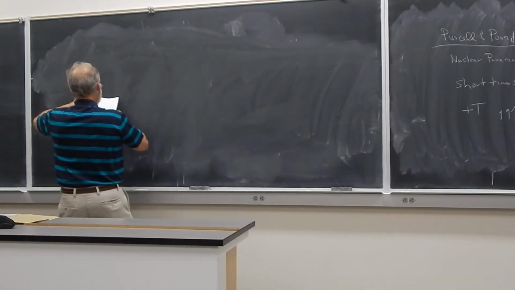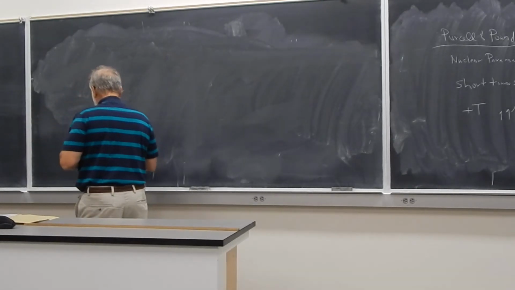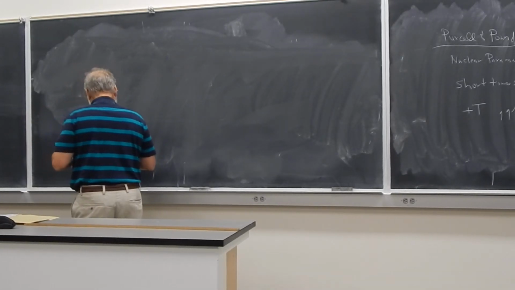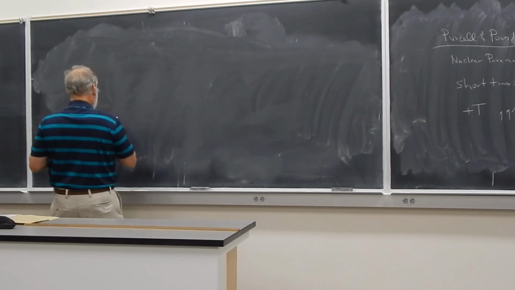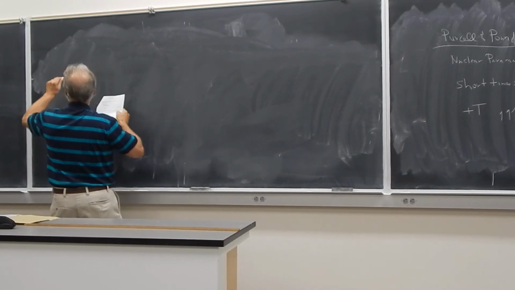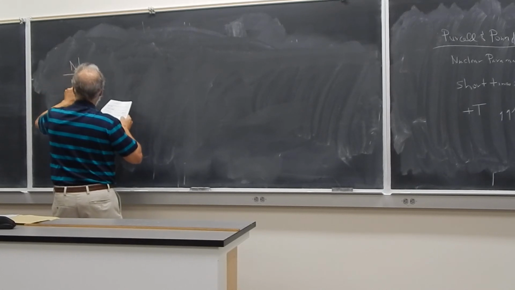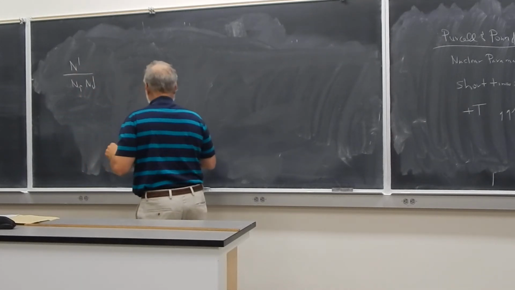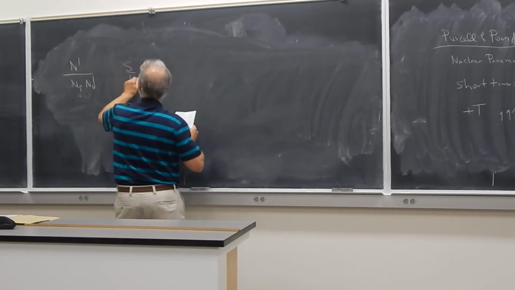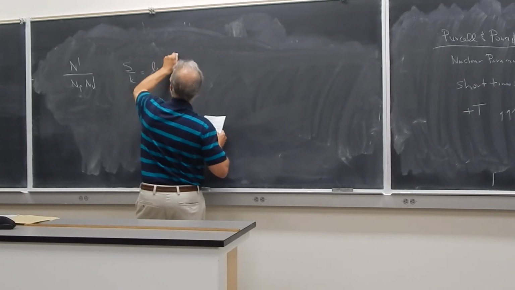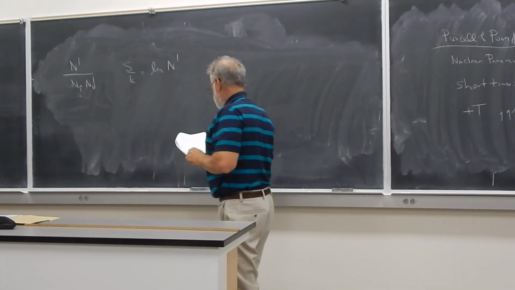Let's assume we have a very large number of dipoles and a large multiplicity. When I look for the entropy, I know that S over k is equal to the log of my multiplicity.